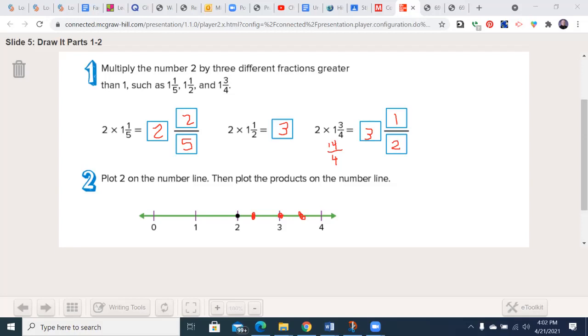And I'm just going to title these A, B, and C. And then I'm going to put A, B, and C here. So I want you to make sure that you bring these onto the number line. So take a moment to write that in. I'll give you about a minute to do such.